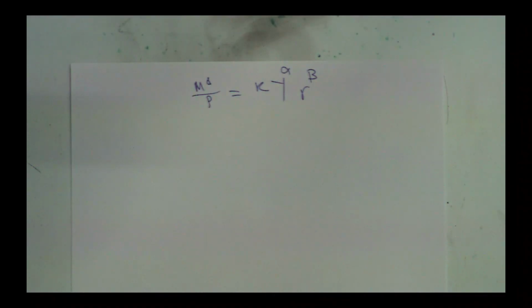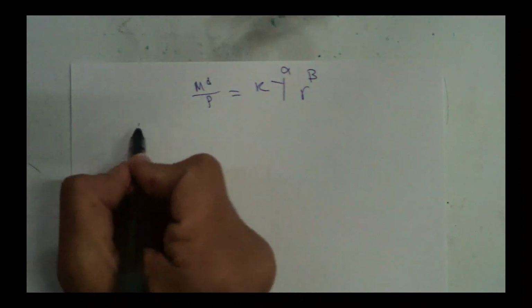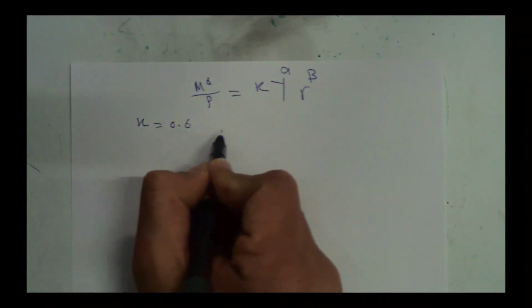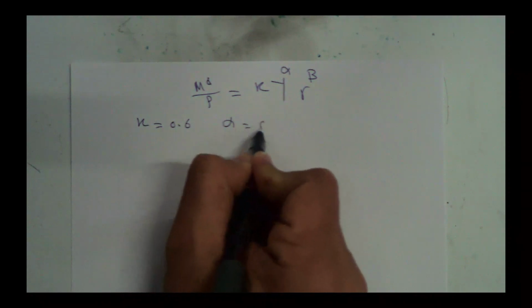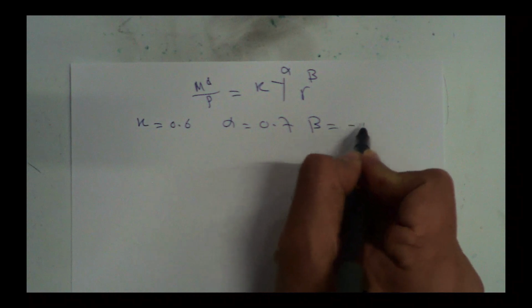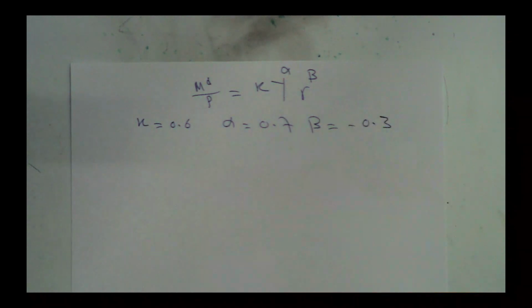This is just given in the question. We also know that k equals 0.6, alpha equals 0.7, and beta equals minus 0.3.